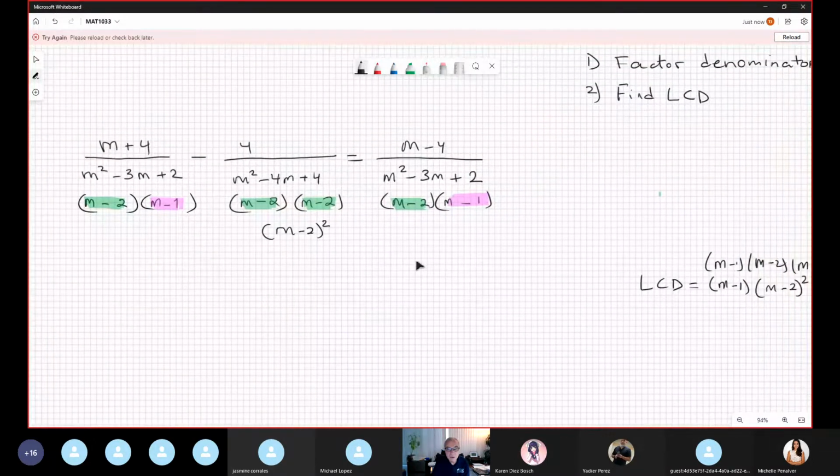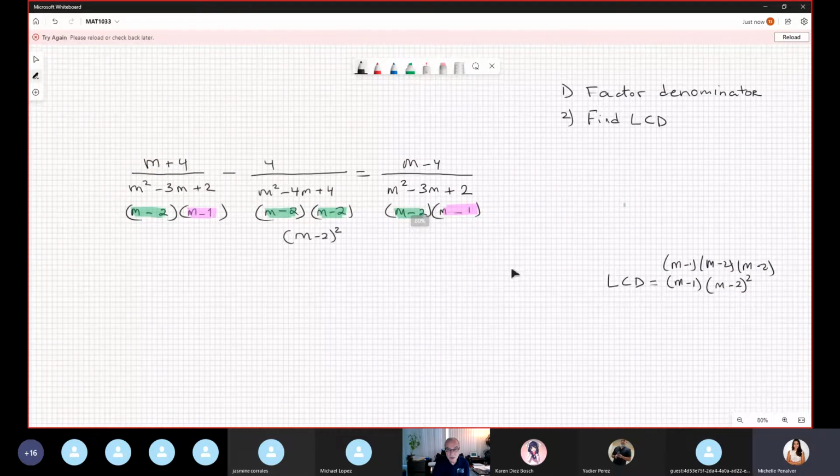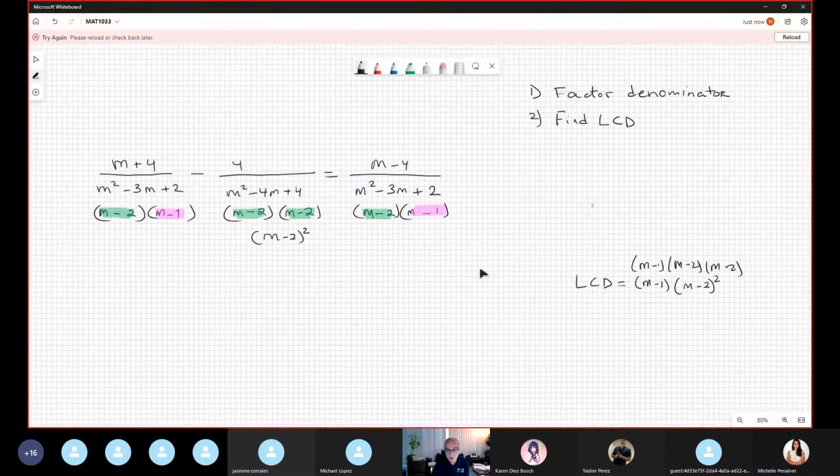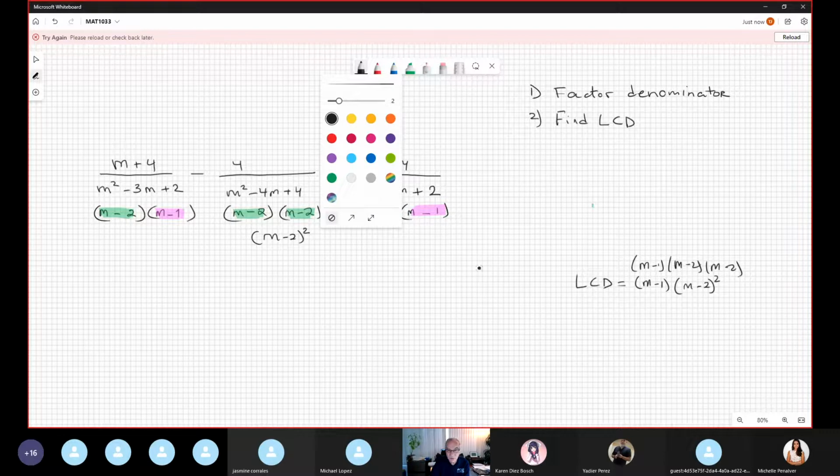At the beginning I did that. Now we are focusing on the selection of the factors that participate inside the least common denominator. So basically the LCD is n minus 1, n minus 2, n minus 2.